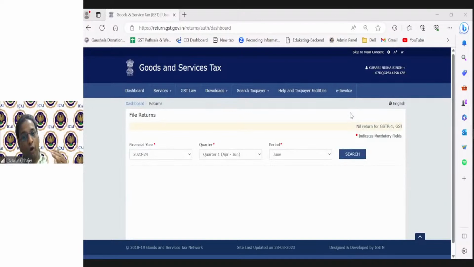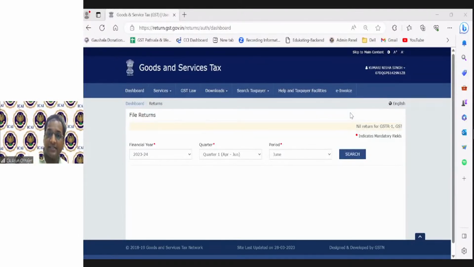So try to understand. If a supplier has opted QRMP and is filing the GSTR1 quarterly, what will happen for month 1 and month 2? Because if the transaction is not appearing in 2B, the customer cannot take the ITC. Let me repeat again.